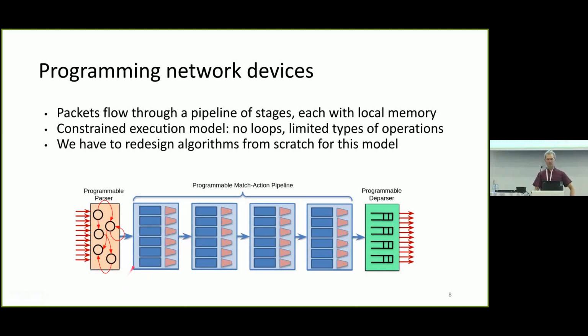And in these switches, the computing units are called stages, and they're similar to cores, but they're connected in a strictly forward chain or pipeline. And a switch program specifies the conditions or actions to be performed at each stage. And the program doesn't fetch data, but the data just flows through the pipeline.